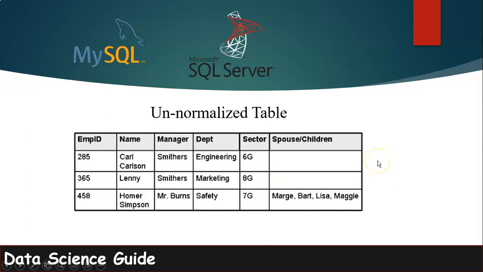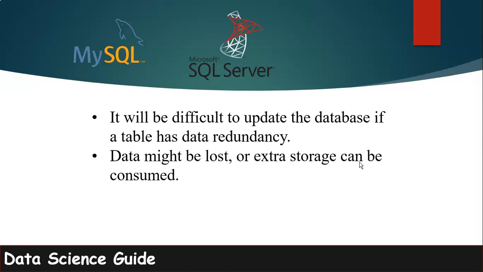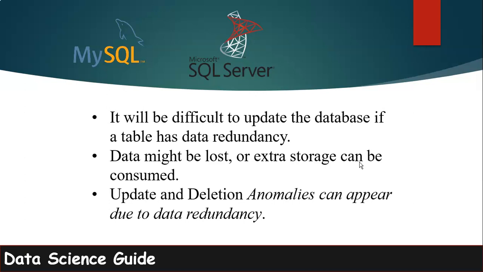So what is the problem in this table? What is the problem when we have an unnormalized table? The first problem: it will be difficult to update the database if a table has data redundancy. Data might be lost or extra storage can be consumed. Update and deletion anomalies can appear due to data redundancy.